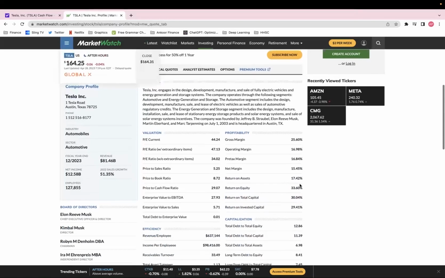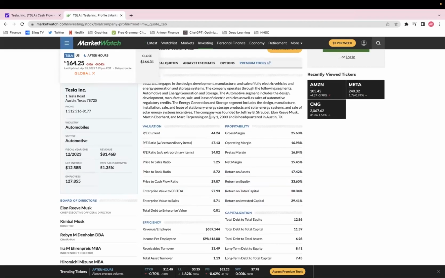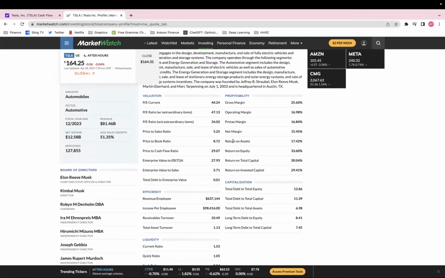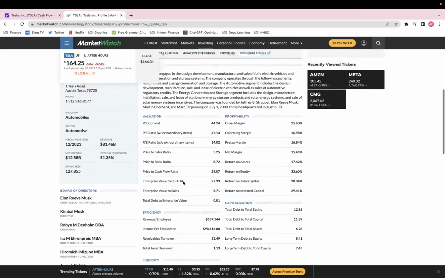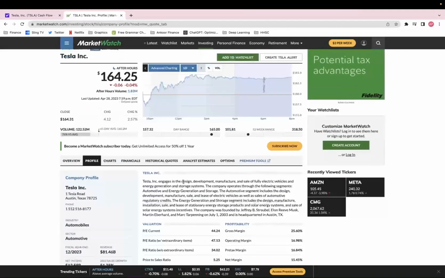You have to read the time span, but basically that's the profit margin. There's a return on assets, equity, and current ratio, which is assets divided by liabilities. Their assets are 1.5 times liabilities. So Musk is not that bad.